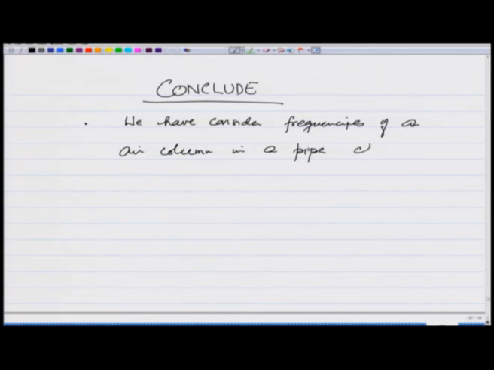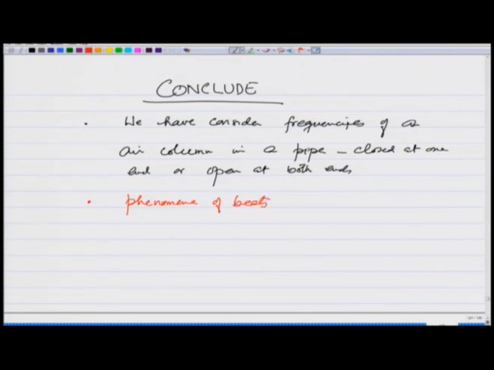The pipe could be closed at one end or open at both ends. We have also considered the phenomenon of beats in which two waves of roughly the same frequency superimpose, and third, we have considered the Doppler effect in which the frequency that we hear is different because the source or observers are moving.